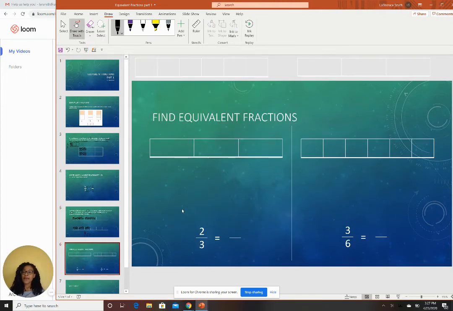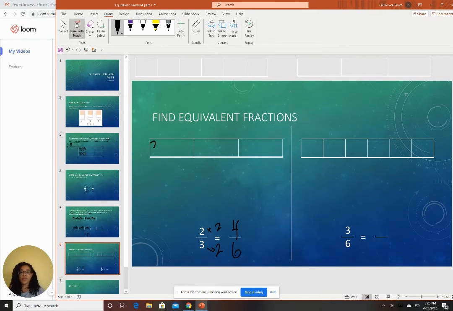So we're going to now find equivalent fractions for 2/3 and 3/6. Okay, so I'm going to look at this, and I'm going to use the factor 2. So I'm going to say times 2. 2 times 2 is 4. 3 times 2 is 6.